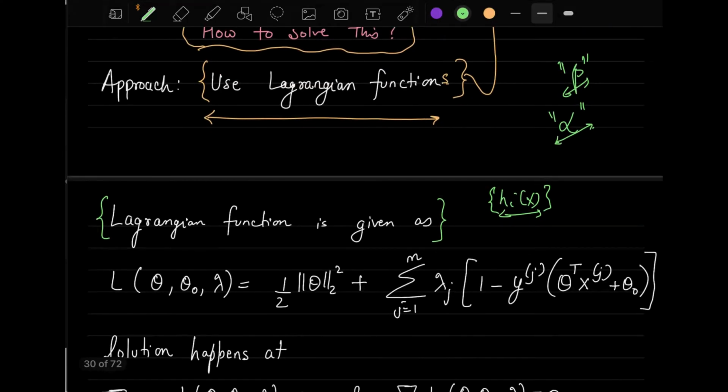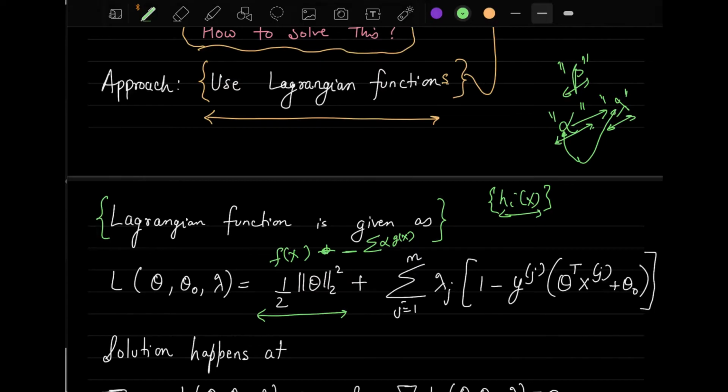Right now I am replacing alpha by lambda, just a nomenclature, but the same property which holds for alpha will also hold for lambda. Now if I want to write the Lagrangian function, it will be the objective function f(x) plus, then minus summation, alpha g(x). It was like this, right?